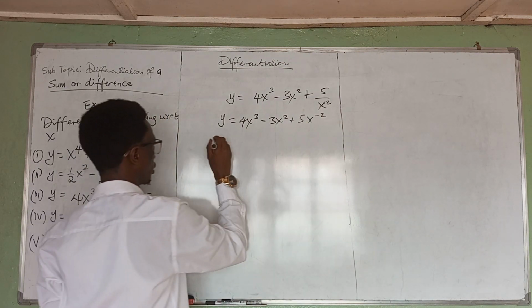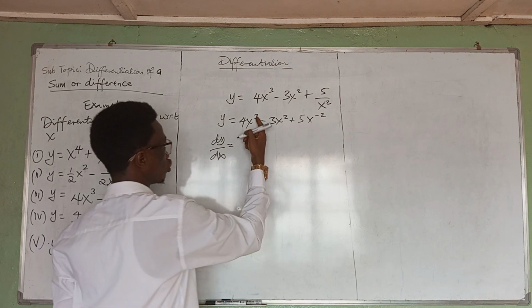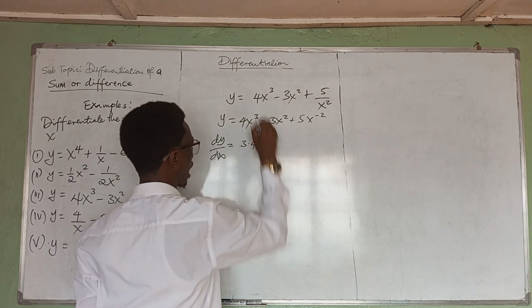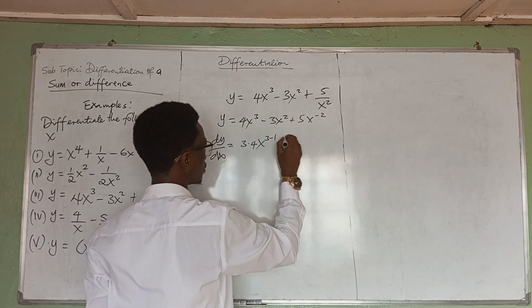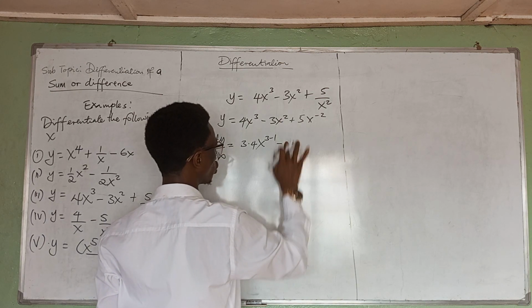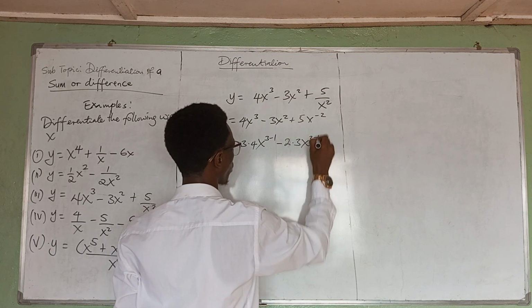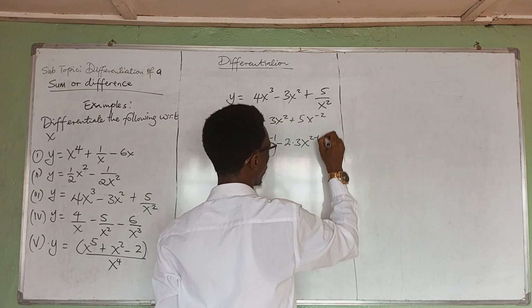So now we can differentiate. We are differentiating y with respect to x. dy by dx, you multiply this by this, becomes 3 multiplied by 4x, and this is 3 minus 1. Now you bring in the 2 multiplied by 3x, 2 minus 1, then the last one, and this becomes now plus.